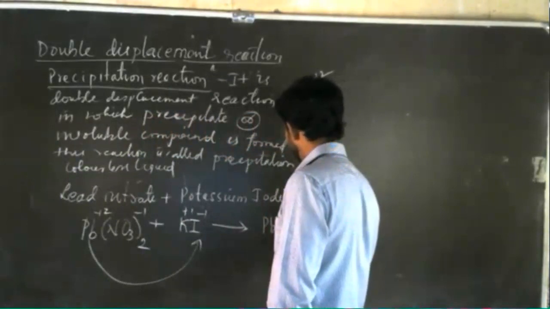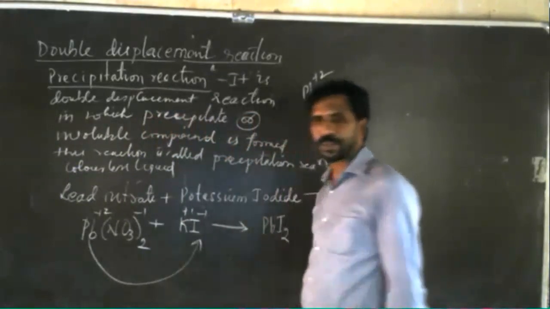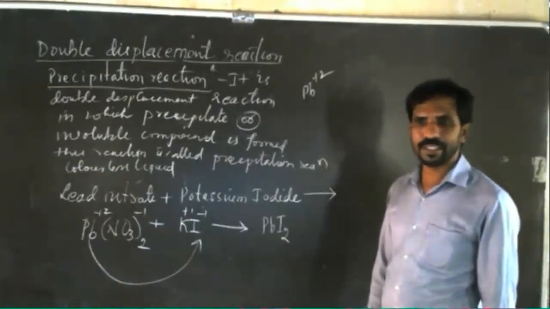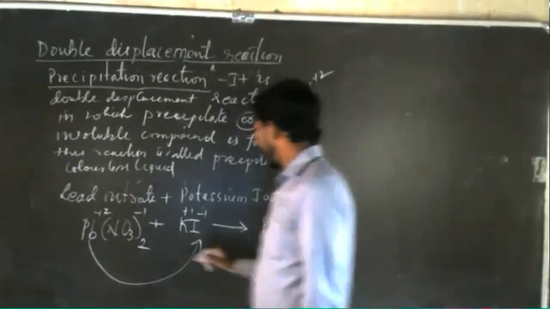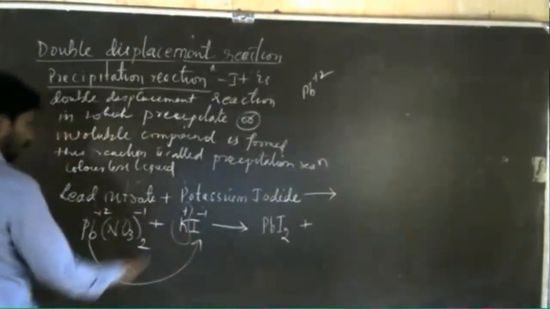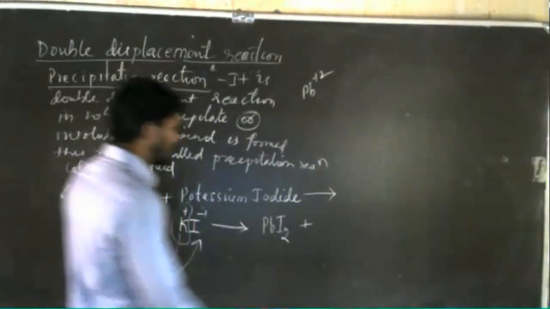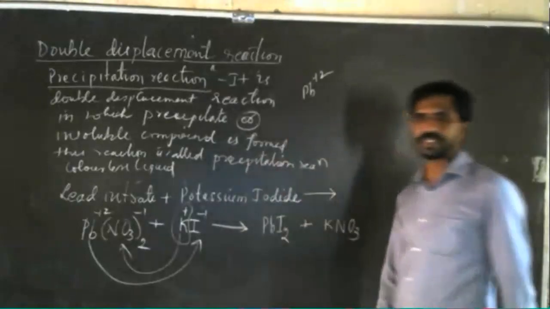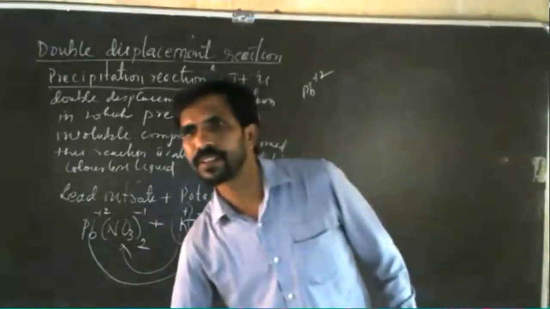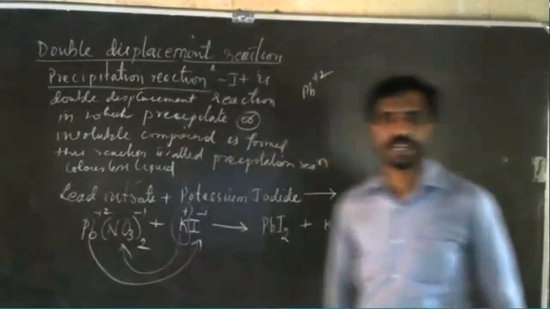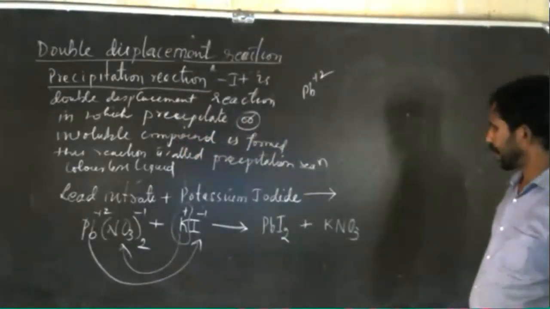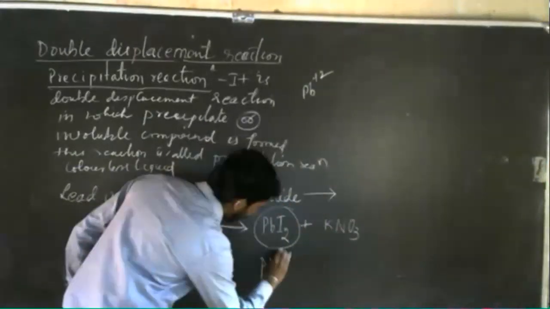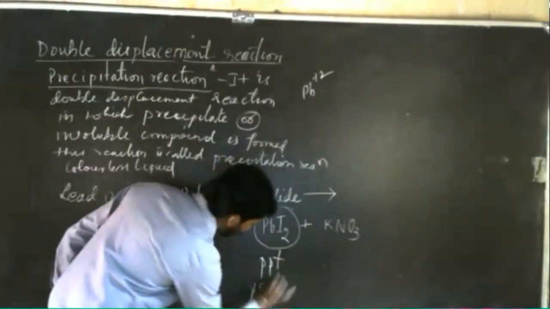Potassium will react with iodine, so PbI2 is formed, plus potassium nitrate. The potassium present here reacts with NO3 to become potassium nitrate.